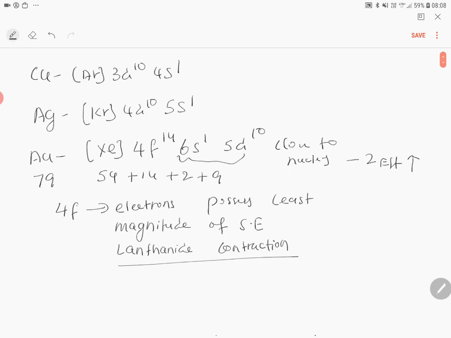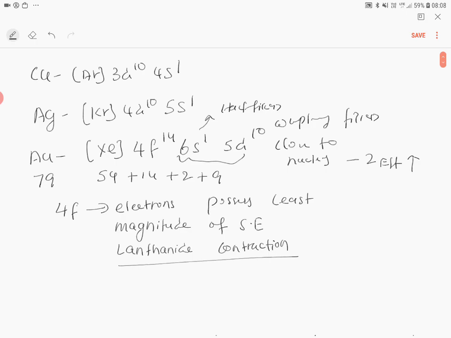And amongst copper, silver, gold, gold has the highest atomic mass. Since these electrons are close to the nucleus, the s orbital is half filled and the d orbital is completely filled. Please note this point. The s orbital is very close to the nucleus, penetration power of the s orbital is very high, and the d orbital is completely filled.